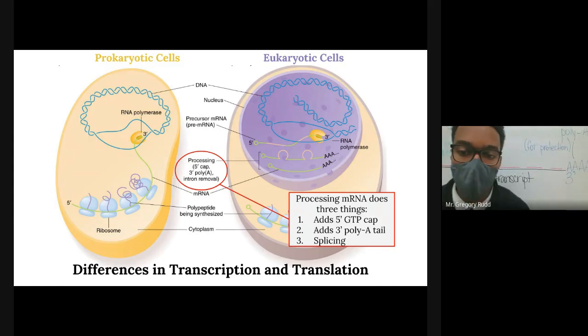Let's just imagine that there are red sections on this transcript. Those sections are sections that we want to keep, but as you can see, there are gaps in between them. The gaps are called introns. They're like the interspace. The actual red sections, the sections that we want to keep, are called exons. So through this process of splicing, we remove the introns. We don't want them to be there.